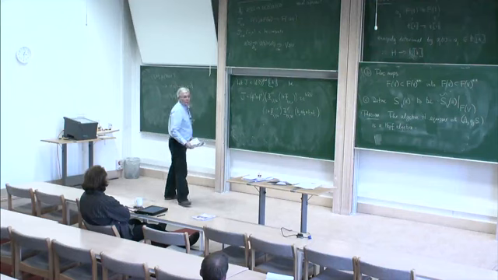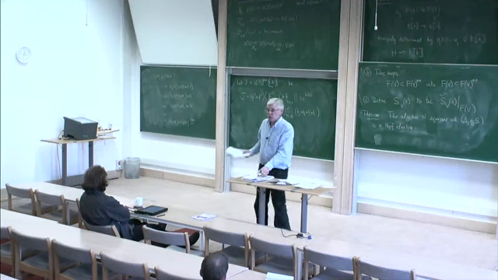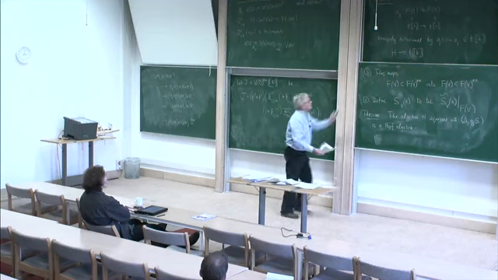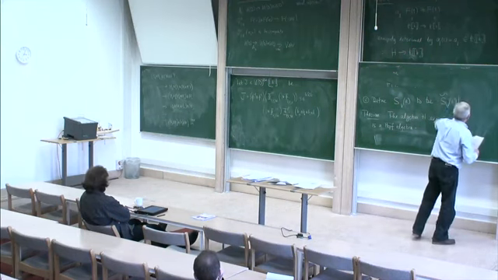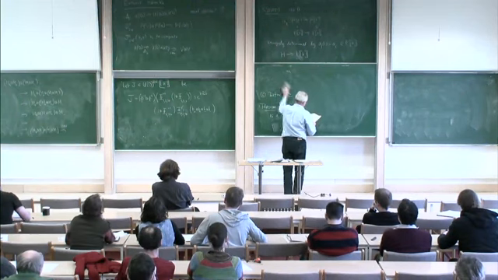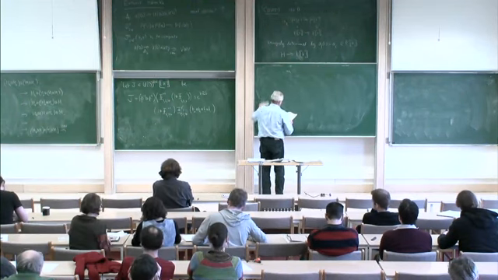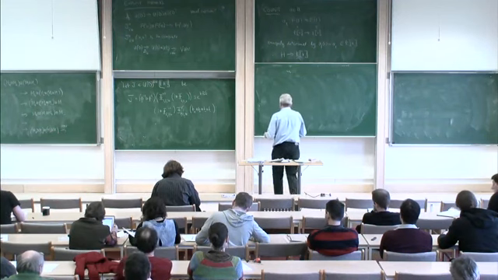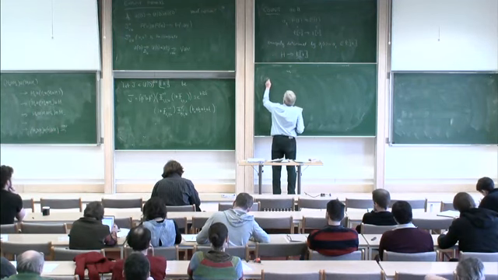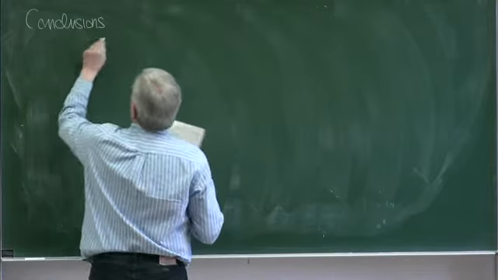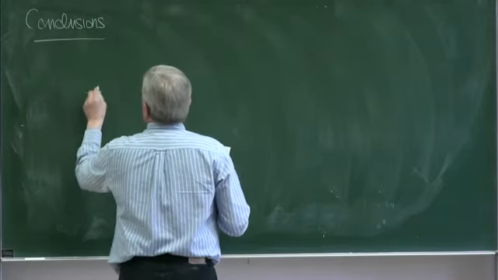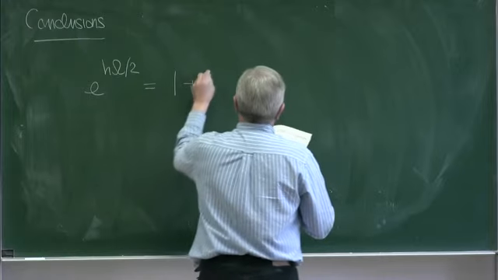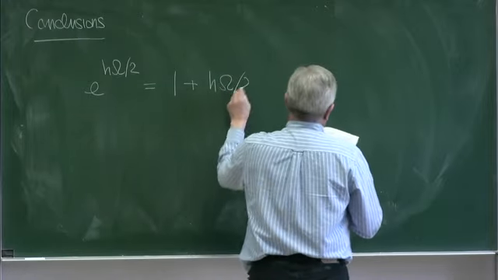Well, there's a similar kind of thing for the antipode, and let me tell you what the conclusion is, which is what you wanted, Pierre, which is what you wanted me to say. So conclusions. e to the h omega over 2 is 1 plus h omega over 2 mod h squared.